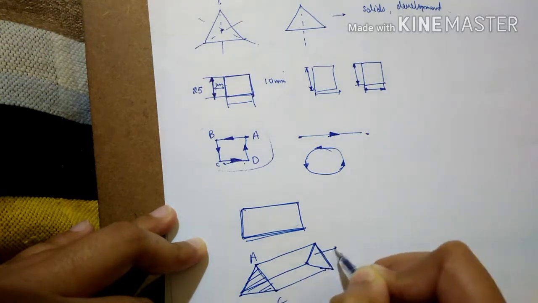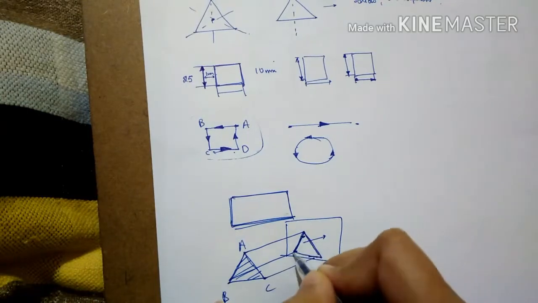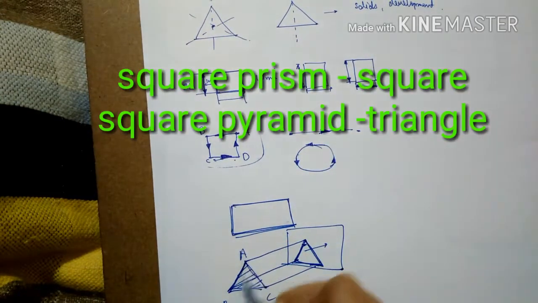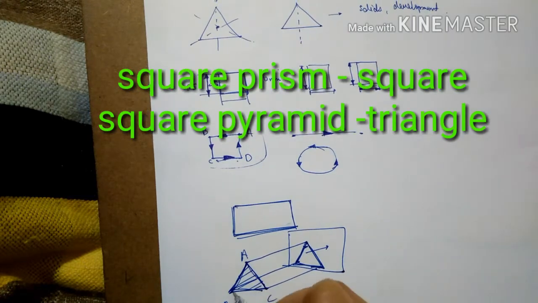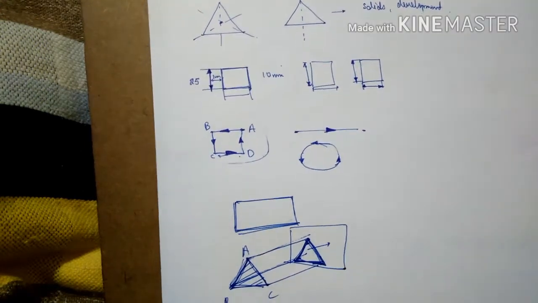I'll get the same triangle, the shadow of this triangle on the wall, on the paper, anywhere. So this is the image obtained. This can be a prism also, like a square prism. If you project it this way, from the front face you'll get a triangle on the wall.